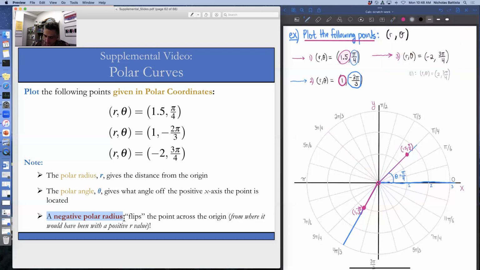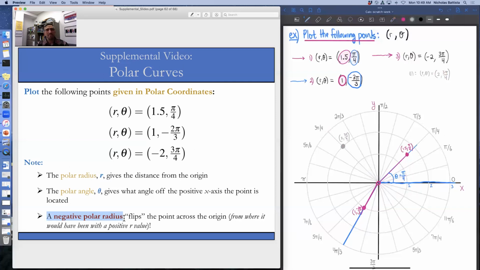And the reason I want to do that, again, we know we're going to be somewhere along this 3 pi over 4 direction, but if we're thinking about a positive r value, what that means is we can extend from the origin a distance of 2 in that direction. So this point is not actually the point that we want, but this point is the point in which we have positive 2, 3 pi over 4.